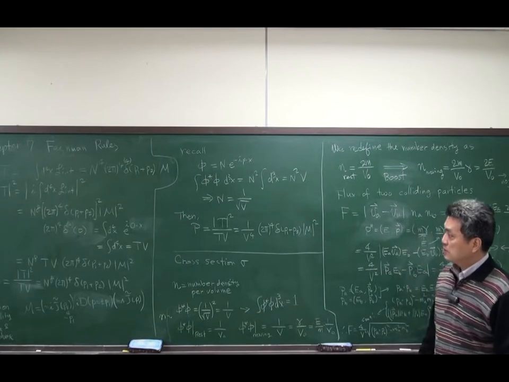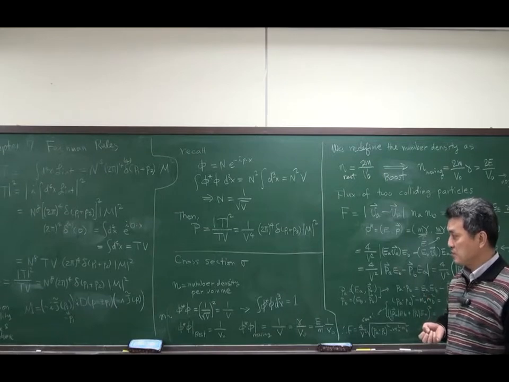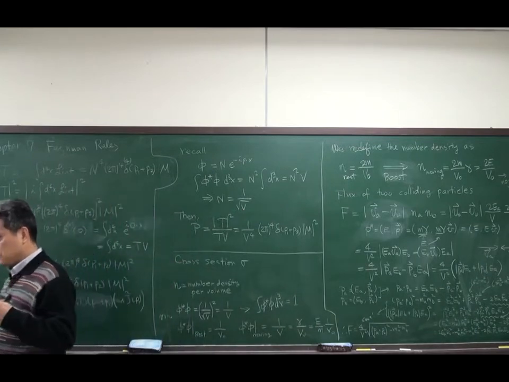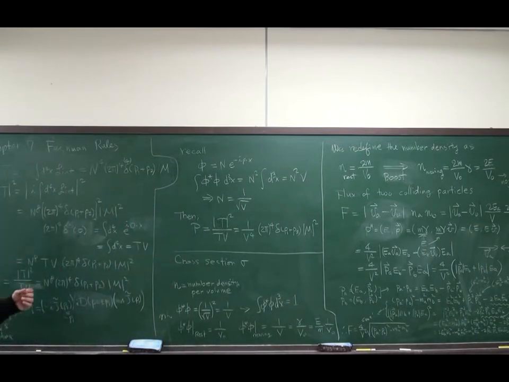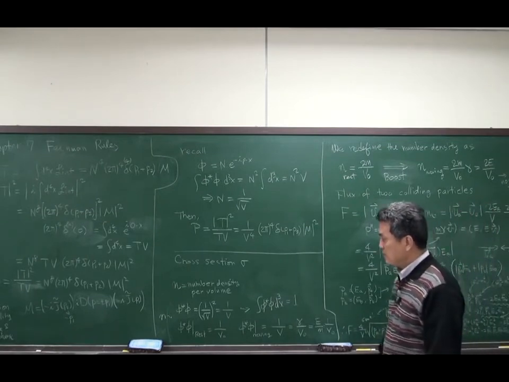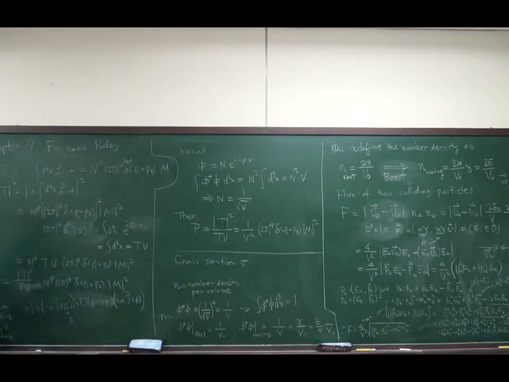Now we would like to make use of this result to define the cross-section, which is relative to the probability of making an interaction between two particles that are colliding together. As a first step, we first define the number density per volume. As we have studied, the interaction is proportional to volume and space.